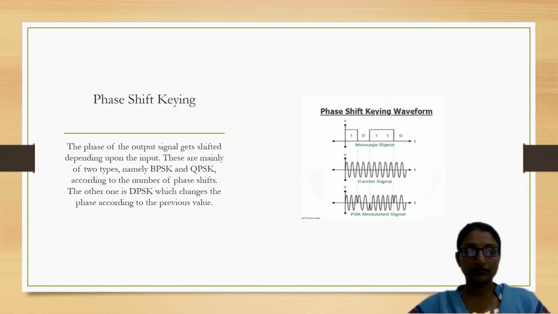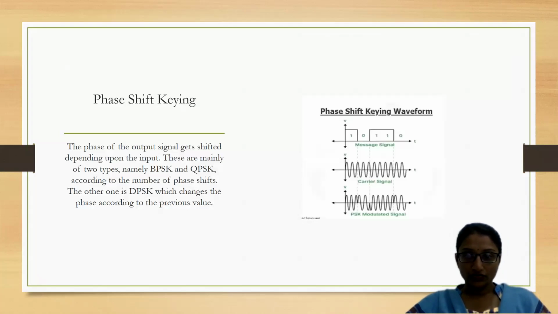And DPSK is a special case of PSK, which changes the phase according to the previous one. So under PSK, we will study BPSK, QPSK and DPSK.